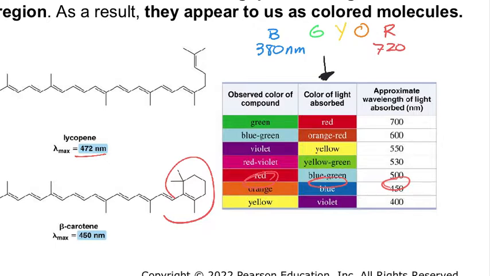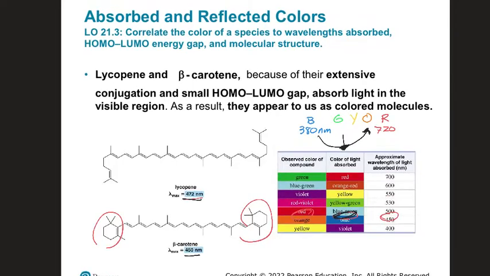The ones with the least amount of conjugation are absorbing the highest energy light. So again, lycopene at 472, beta-carotene at 450, they're absorbing in the bluish green region, so you're going to see the opposite end towards the orangish and red colors, hence why they look orange or red, I guess.